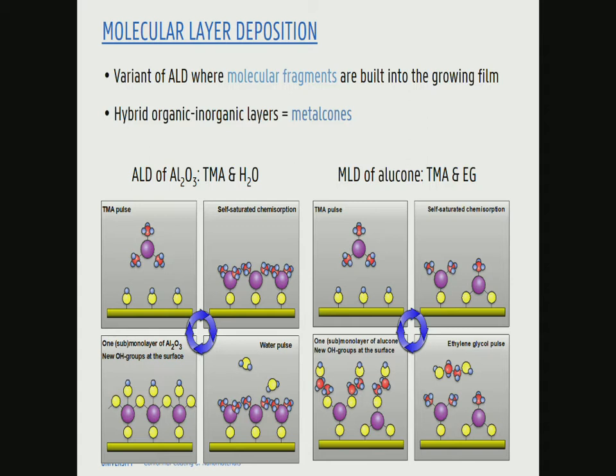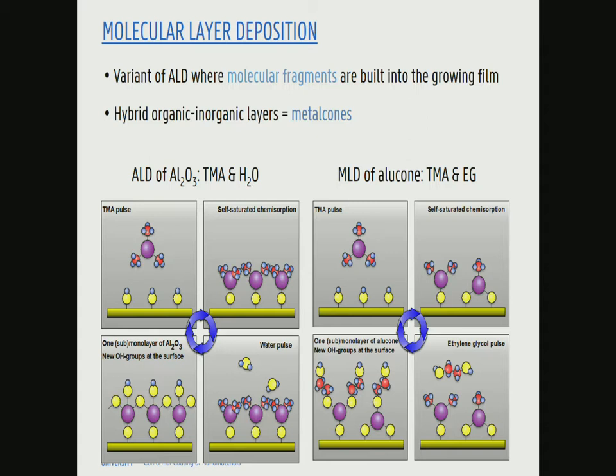But the end goal in the case of molecular layer deposition is not to build a purely inorganic film. So in the case of ALD, you could say you start with this molecule. It reacts with the surface, you clean off the surface, and you're left with ideally a perfect inorganic material, and if you would still have some carbon inside here, you would call it a contaminant. In the case of molecular layer deposition, you use a very similar approach. You use cyclical exposure to gas phase precursors, but the precursors are designed in such a way, instead of using water here, you use a more complex molecule that's designed in such a way to intentionally leave certain molecular fragments inside the growing film.